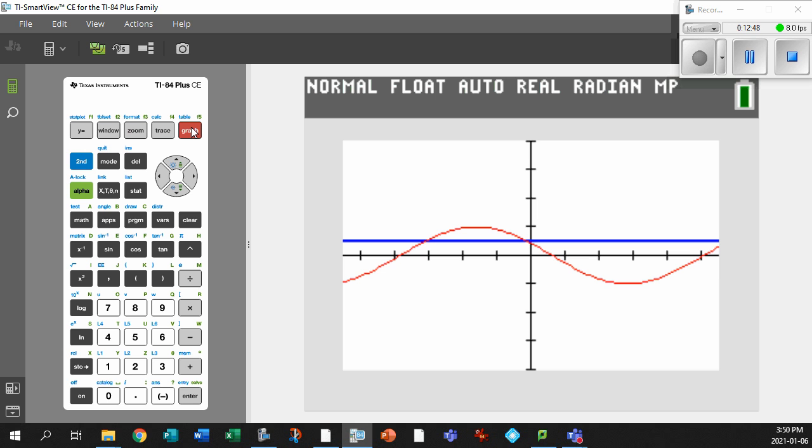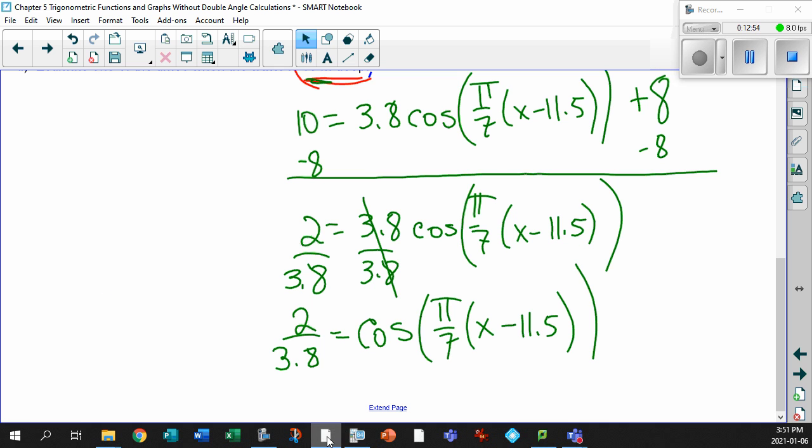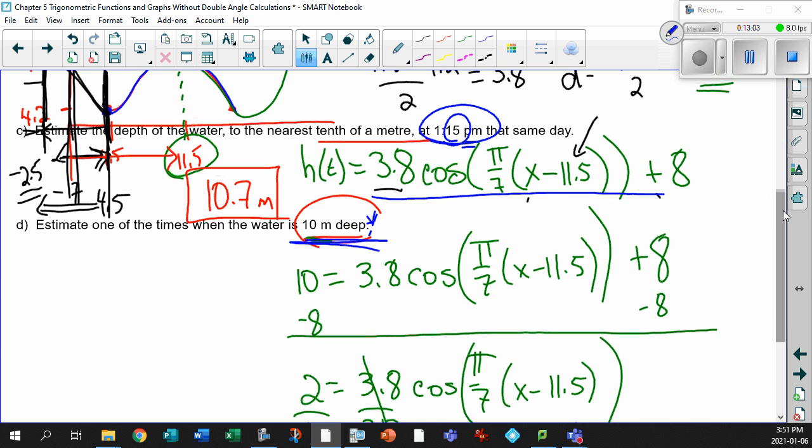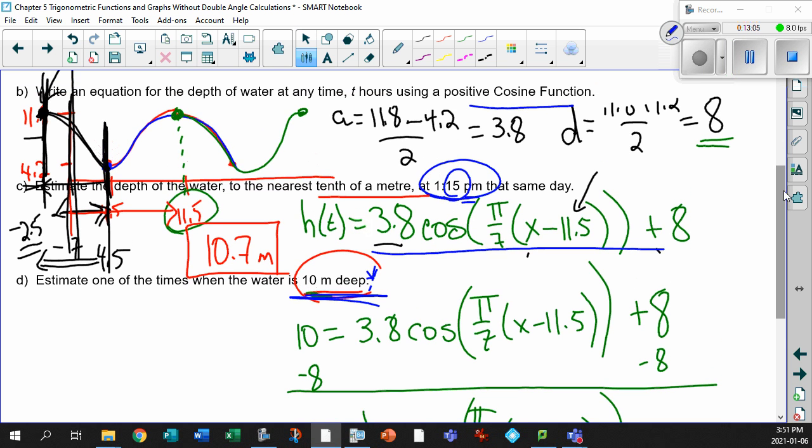Okay, now the question is here, it says, when is this particular thing? At what time is this at this height, right? Let's go back and take a look. At what time is the water 10 meters deep? Okay, well, think about this. The water here starts, its minimum is here.